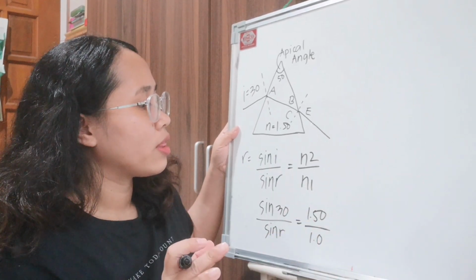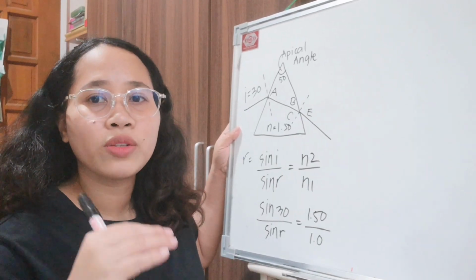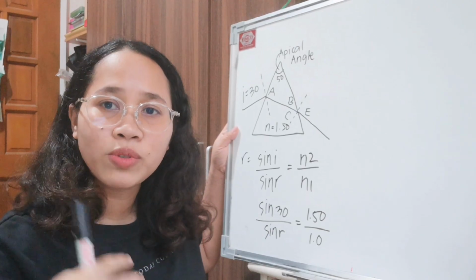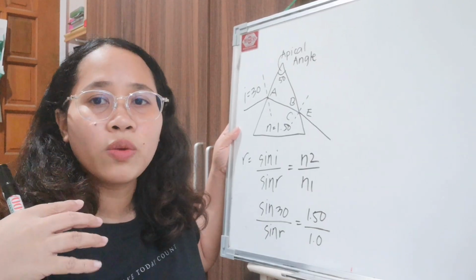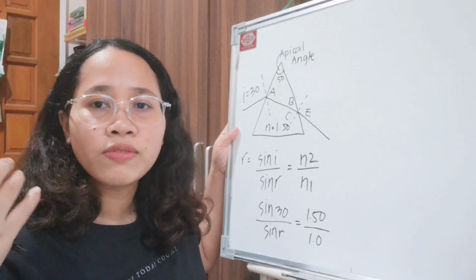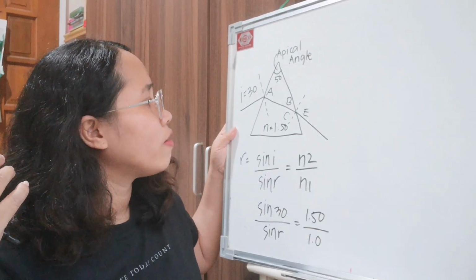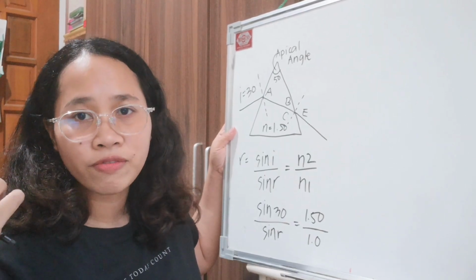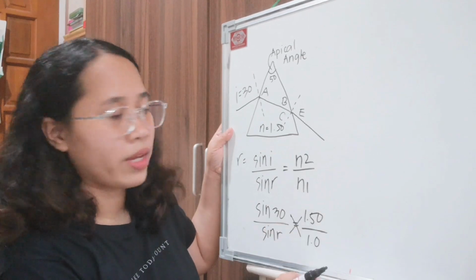Where did we get N1? We get N1 from where the light is coming from. The light is coming from outside of the prism, and we assume it's air. The index of refraction of air is 1.0, and the index of refraction of the prism is 1.50. You have to cross multiply.